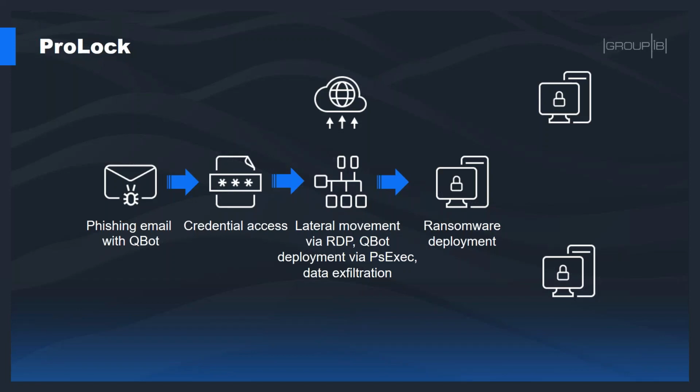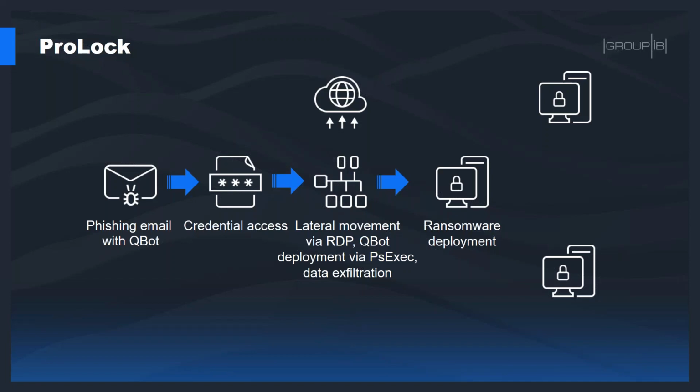The initial access vector is a phishing email with QBot. Usually it's a VBS script in an archive. Once it's run, QBot is downloaded. It has capabilities to obtain credentials, or some other tools like Mimikatz or Lazagne can be dropped as well.